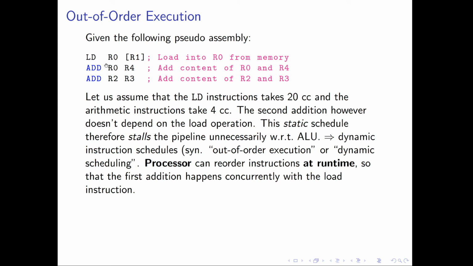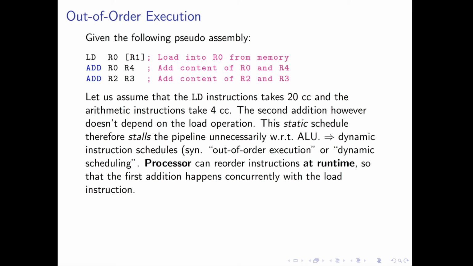And then we perform an addition where we have a data dependency, and so that means we have to execute the load instruction first, and only then can we retire the first add instruction. And then this is followed by a second add instruction, but that second add instruction doesn't have any data dependencies with regards to either the load or the addition before. So that means we're generally relatively free when to execute that instruction.